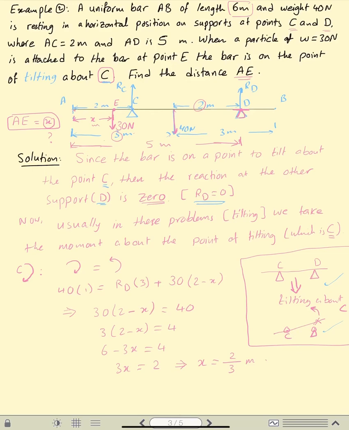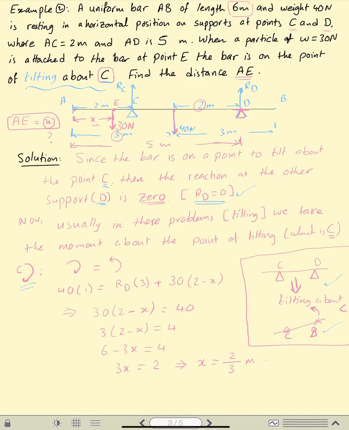So, to save steps of algebra and to be less confusing, first of all, this is a fact, it's always true, and most of the time we prefer, if he says tilting about a point, to take the moments about the point that the bar, rod or body is on the point of tilting about.